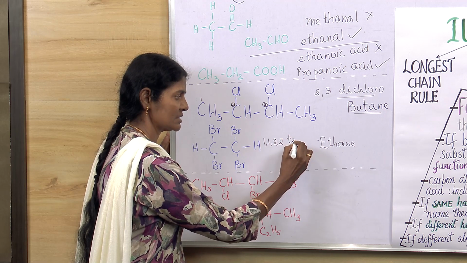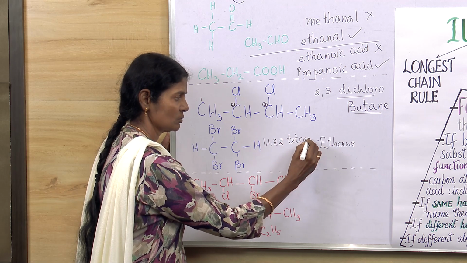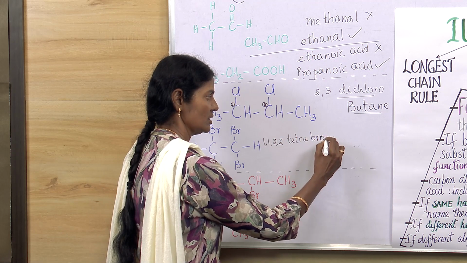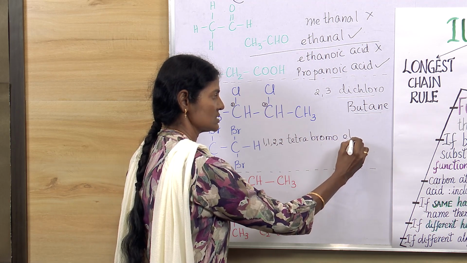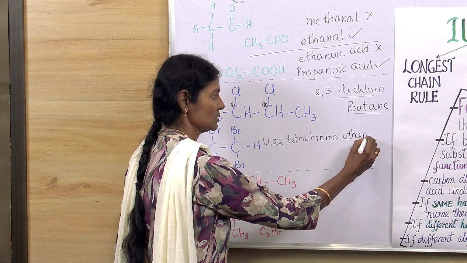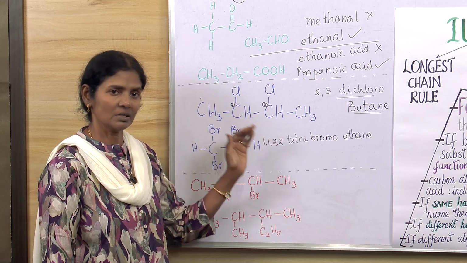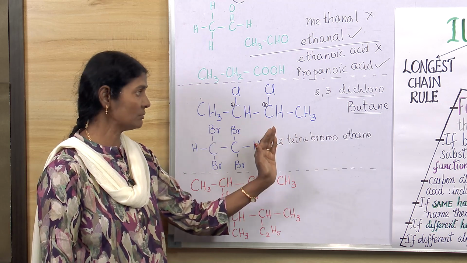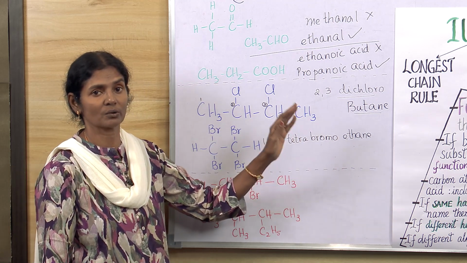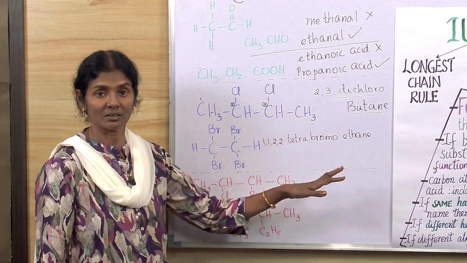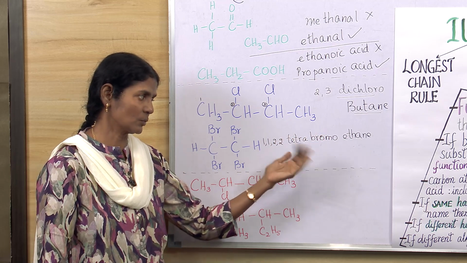Therefore tetrabromoethane. This is the name of this compound. So if there is more than one of the same group, then we name it as dichloro, tribromo, dimethyl, trimethyl, and so on. So that's how it goes.